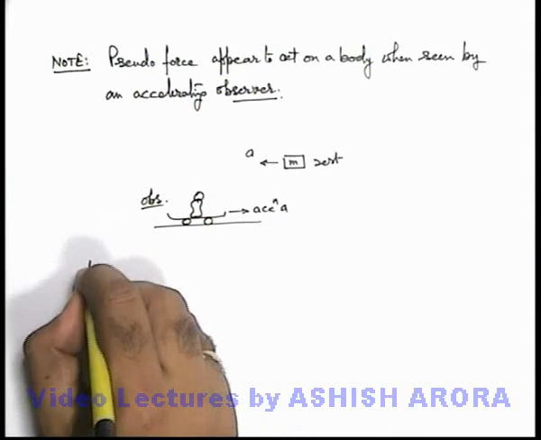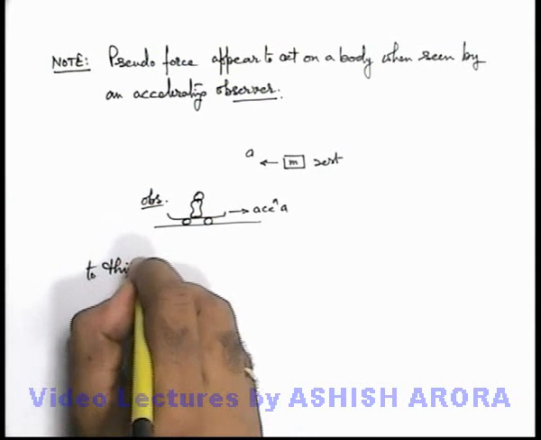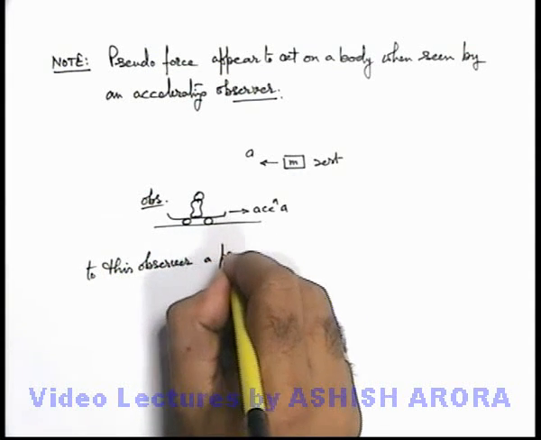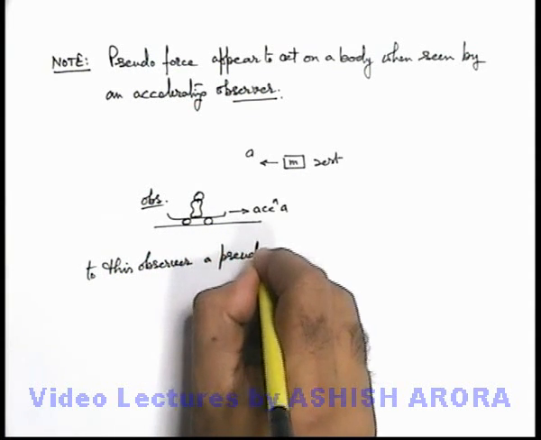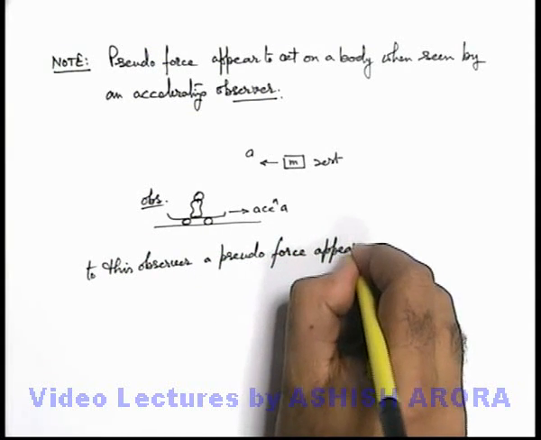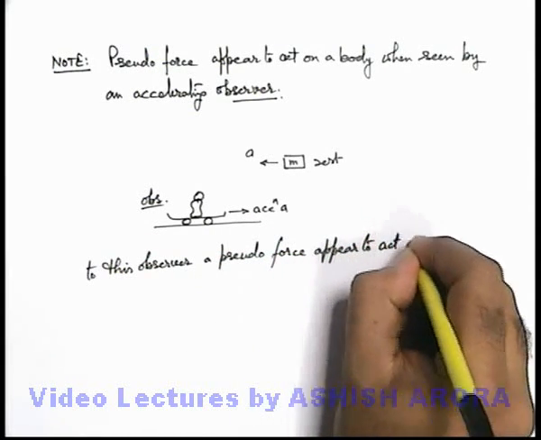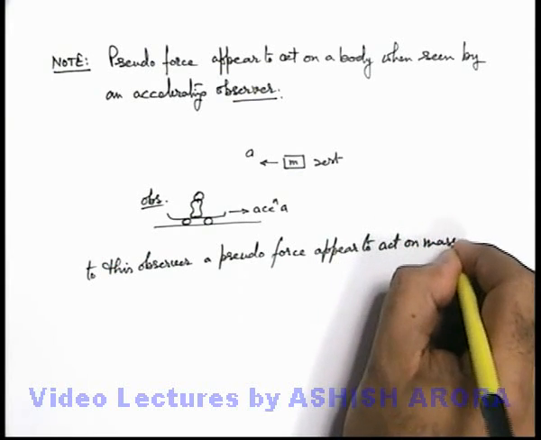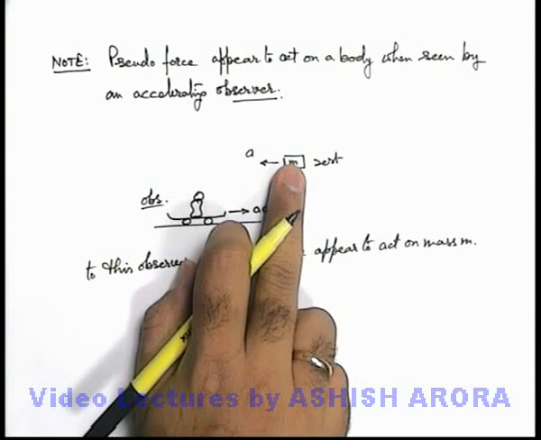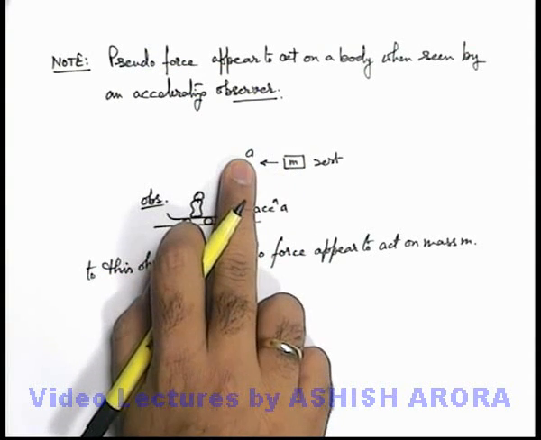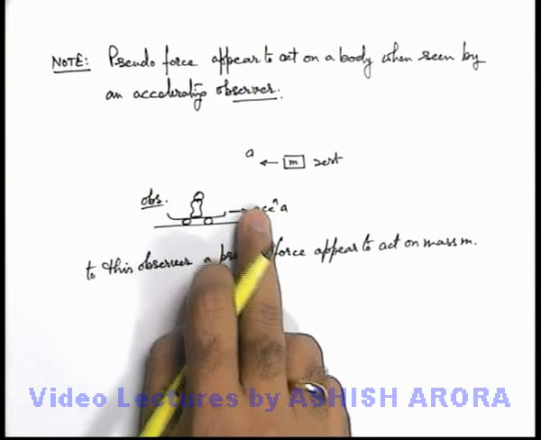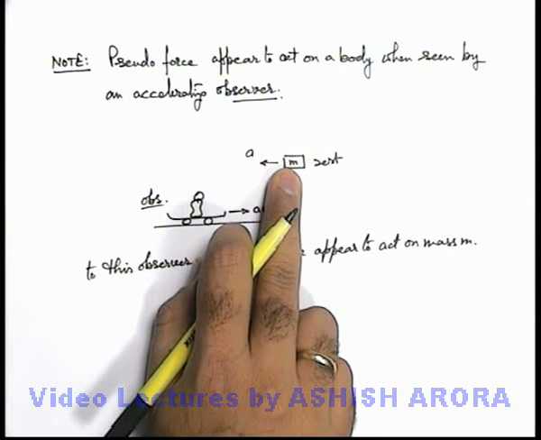So we can say, to this observer, a pseudo force appears to act on mass m, and this pseudo force will be mass of this object multiplied by the acceleration, which is actually the acceleration of observer. It is not the actual acceleration of this mass.